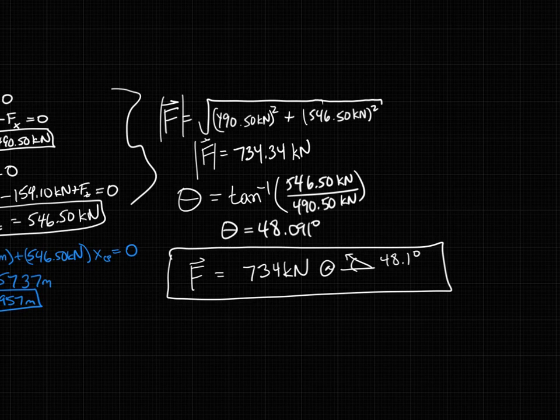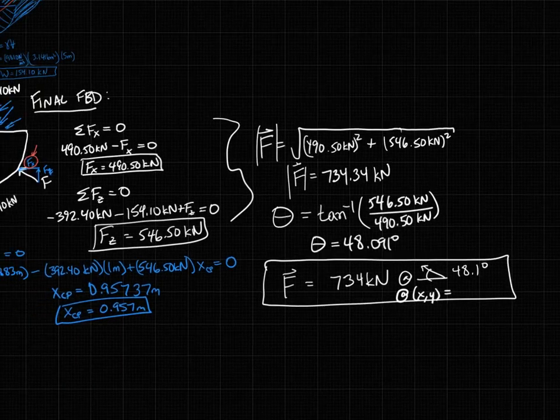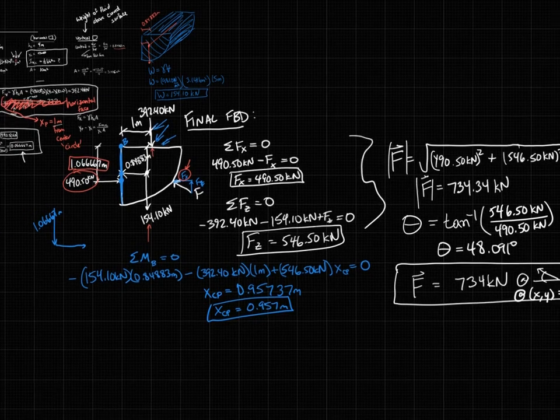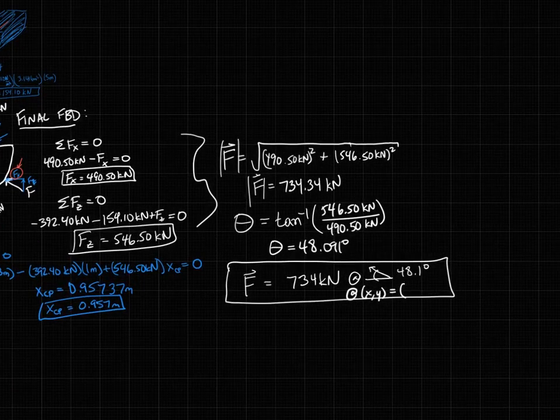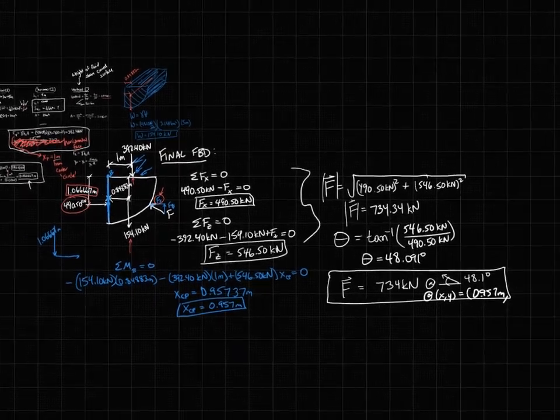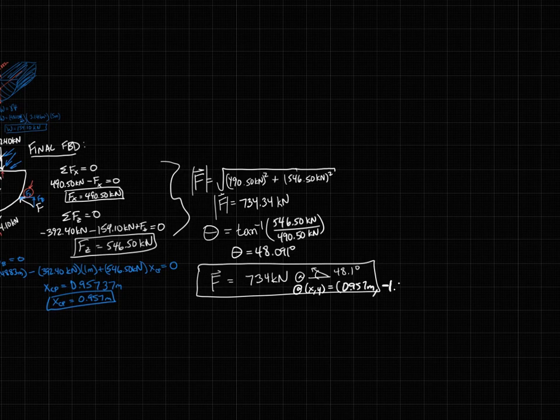It's acting at a point, x comma y equals, the x is 0.957 meters, and the y is negative 1.06667 meters. And we'll extend this box.